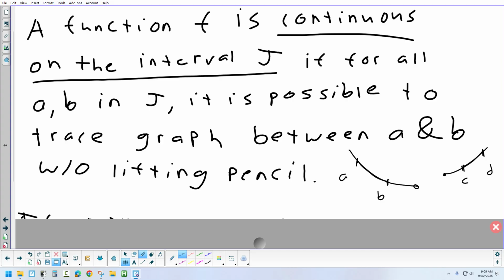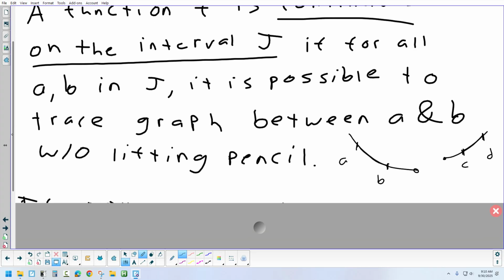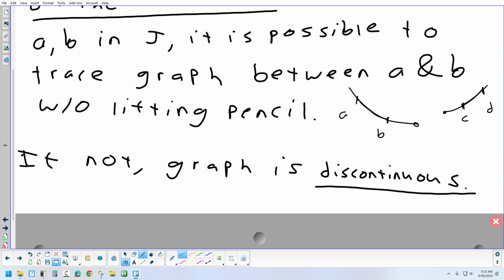Any question on that idea? All right. So if you can trace without lifting your pencil, then you have a continuous section. If you do have to lift your pencil, then it's discontinuous.